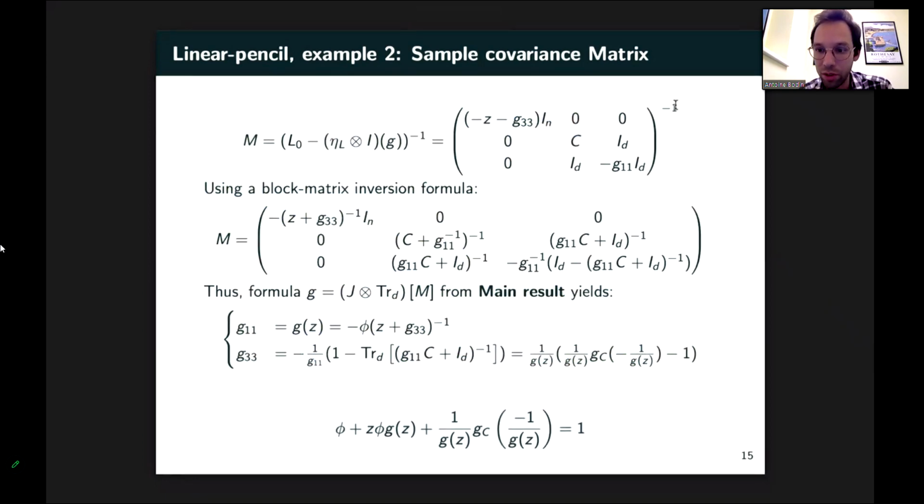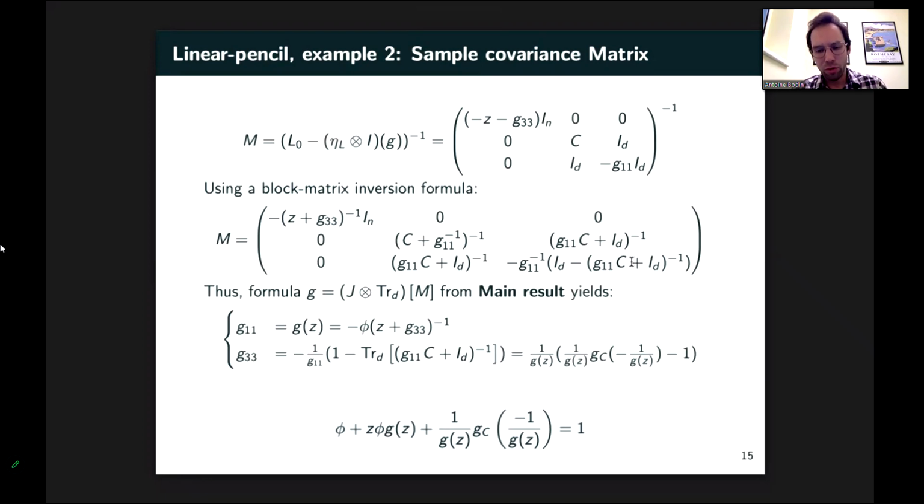You invert it using the Schur complement formula, and eventually you use the main result that we have seen earlier. And what that means is that you get that J11 is going to be equal to the trace of this specific block location, and J33 is going to be equal to the trace of this specific block location at the very bottom.